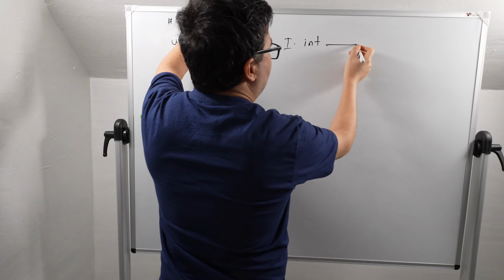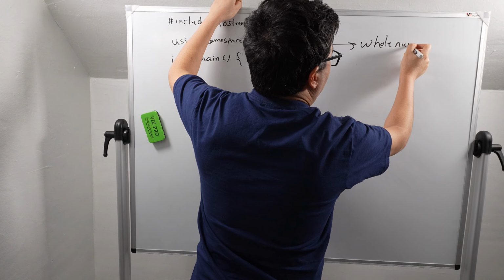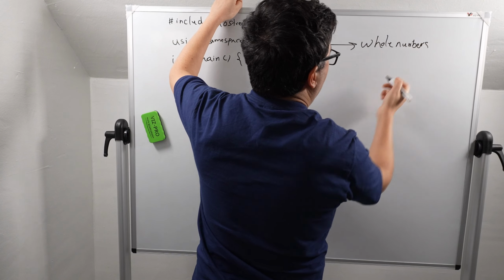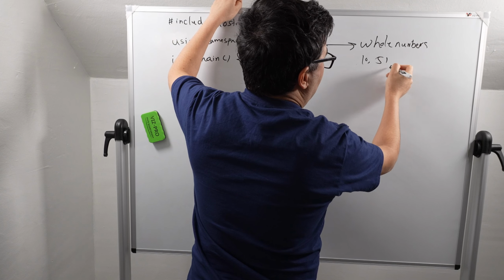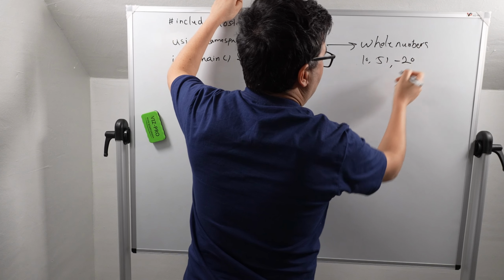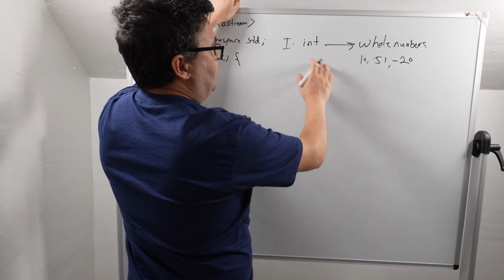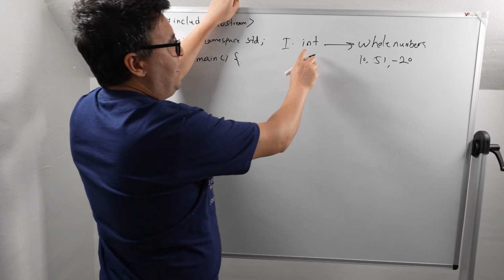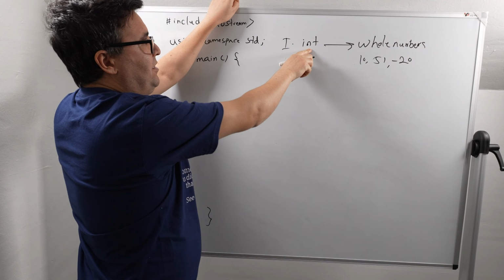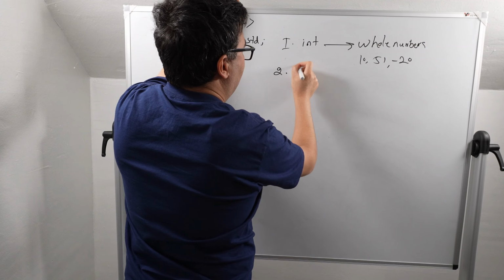It is used to store whole numbers, like 10, like 51, like minus 20. They are whole numbers without a fractional part. If we want to store whole numbers in our program, we need to use the data type integer. Then we have another data type, which is called float.